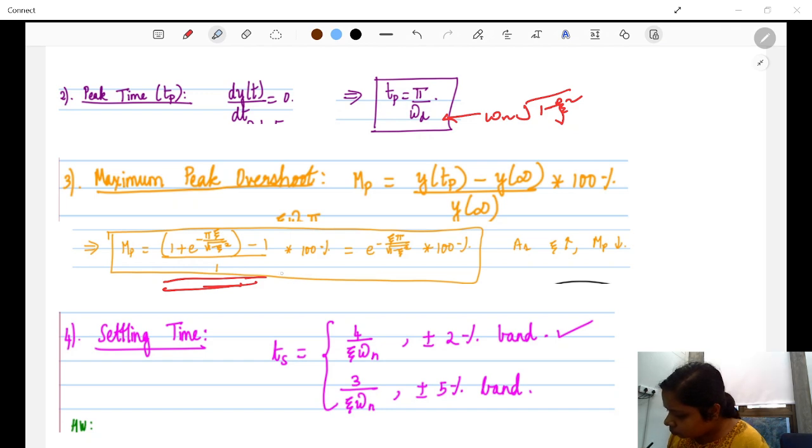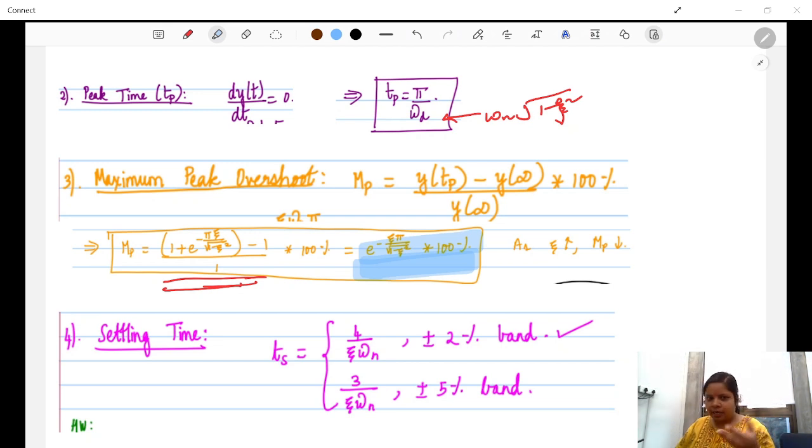So this is the final term, this one. You'll see that as you increase zeta, this whole term will be less. That is, as zeta increases, maximum peak overshoot decreases. If we take the same example of the door, if we increase the damping of the system, the oscillation should not be there.